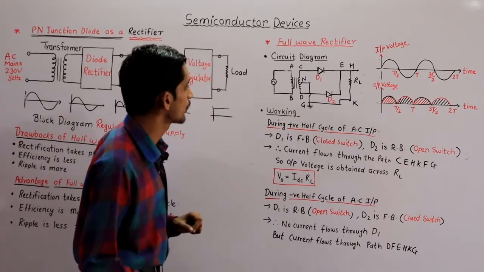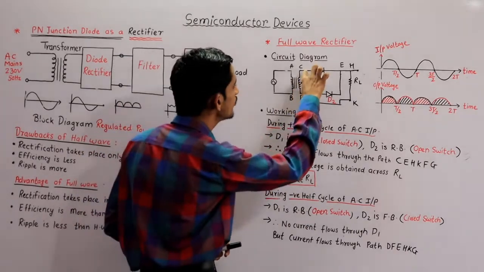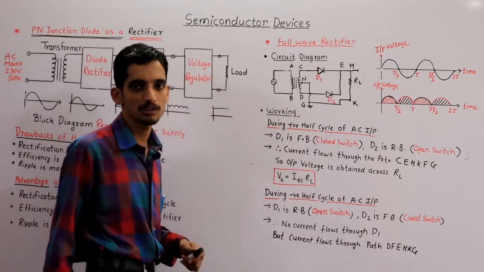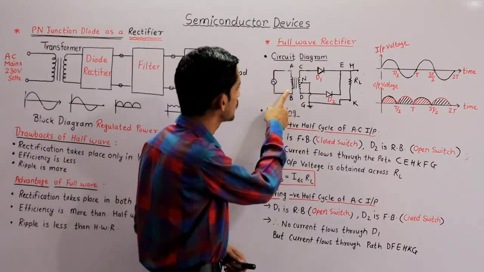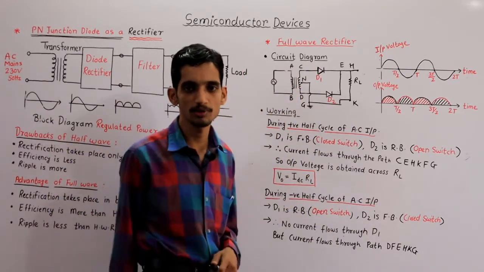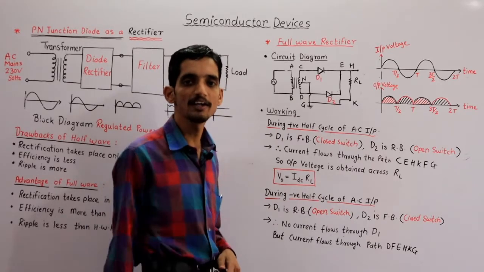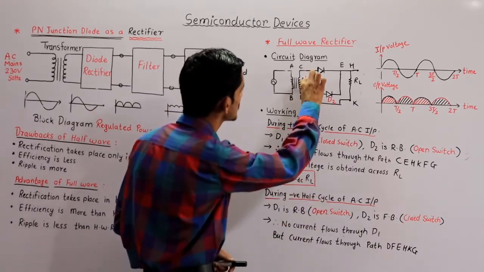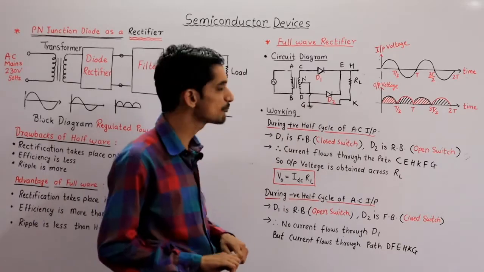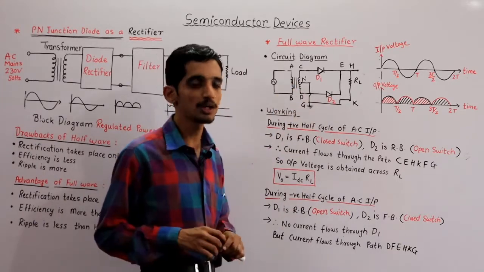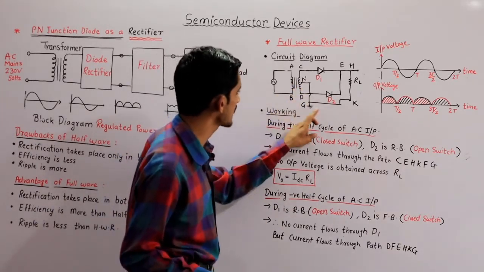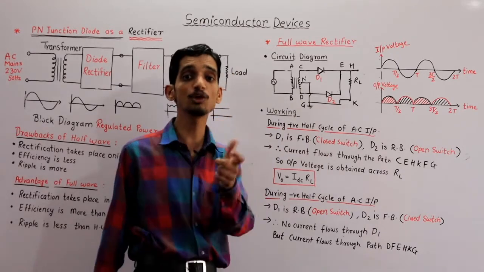Another important point: this is the primary winding of the transformer, and this is the secondary winding of the transformer. The secondary winding is center tapped. Center tapped means we arrange the center tap transformer so that a splitting of phase takes place.